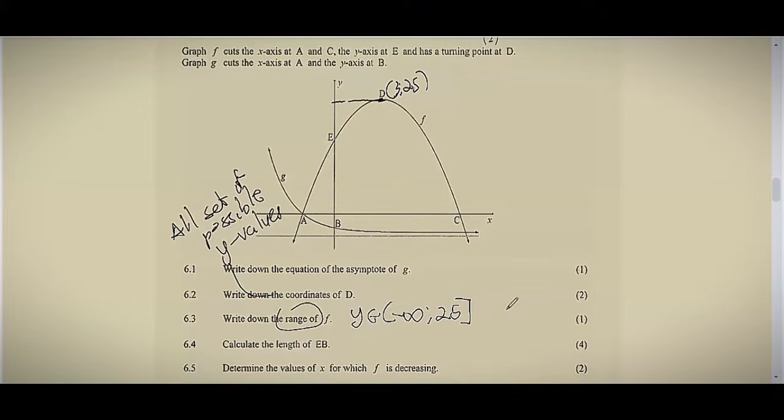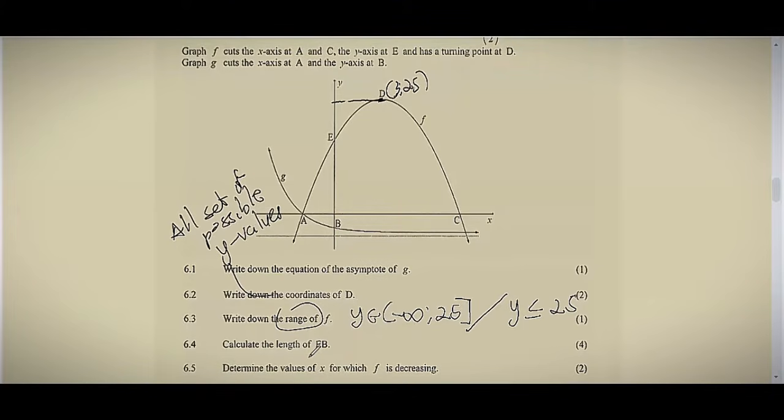So you can either write it that way, or if you prefer this method, you just say y less than or equal to 25. So that means for all the y values that are either equal to 25 or below 25, which is similar to this one where you say y is an element of negative infinity all the way up until 25, right?